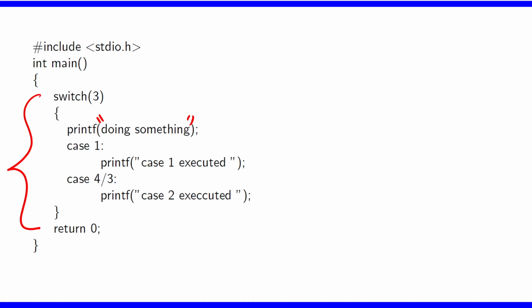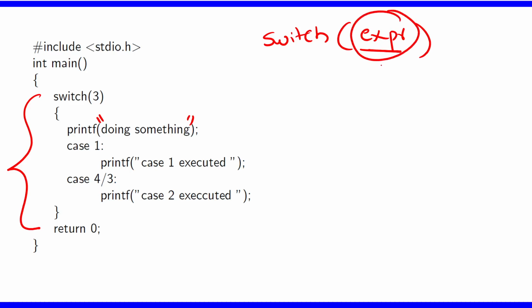Okay, let's see. So two important points here. First one, generally in switch, here I can write any expression, I can write any programming statement. Ultimately, this expression or programming statement should yield me an integer constant always.